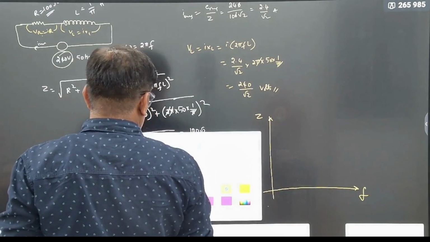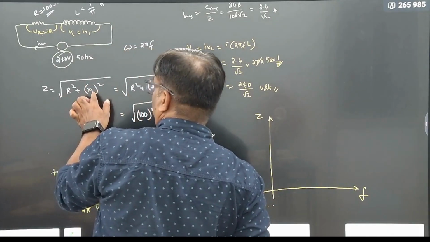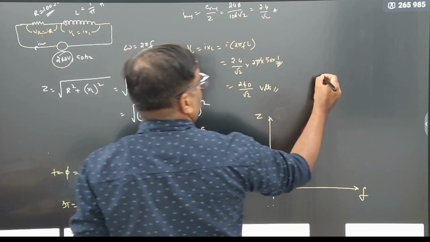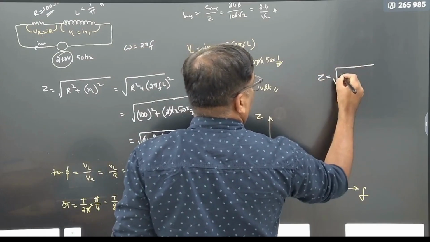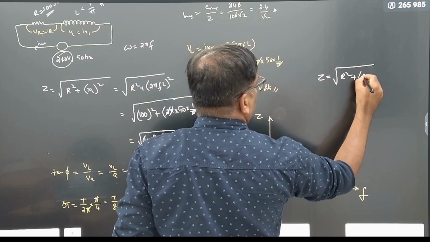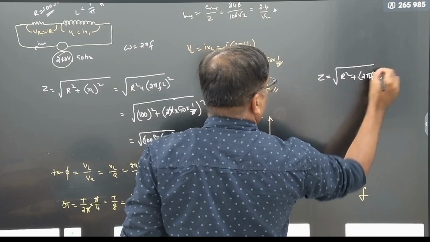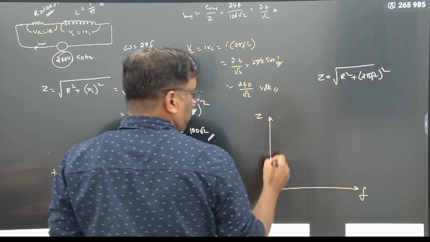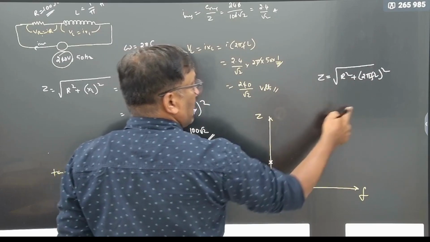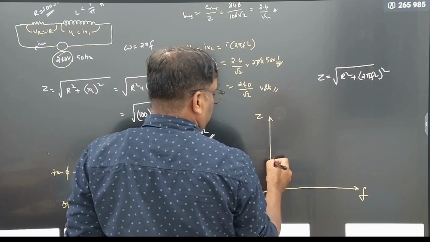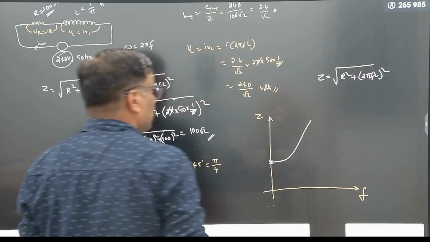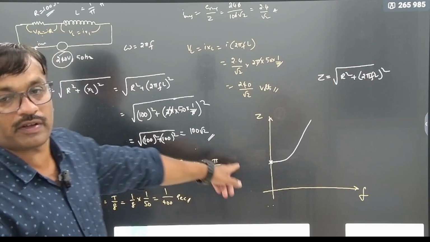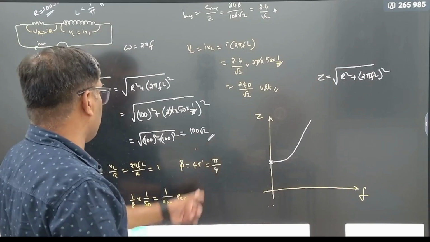If the frequency is 0, what is the formula here? Impedance is nothing but root of R square plus 2 pi f into L whole square. If the frequency is 0, the impedance will be equal to R. Then as frequency increases, impedance also increases. Therefore here the impedance and frequency graph can be drawn like this.